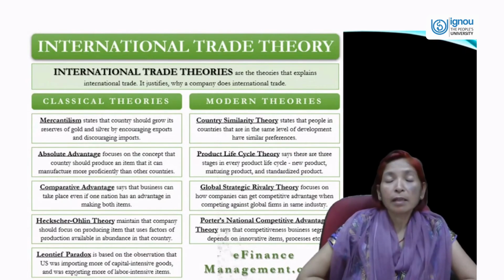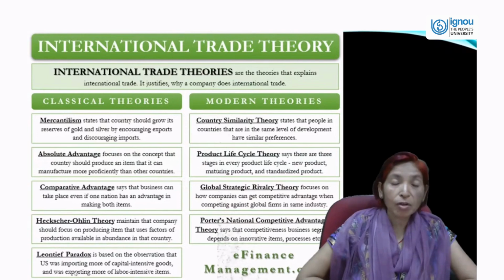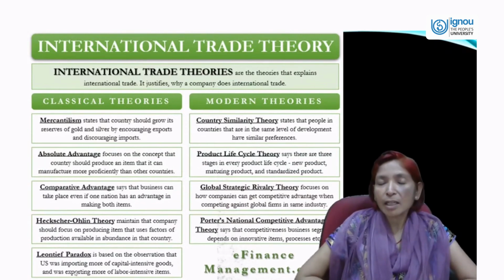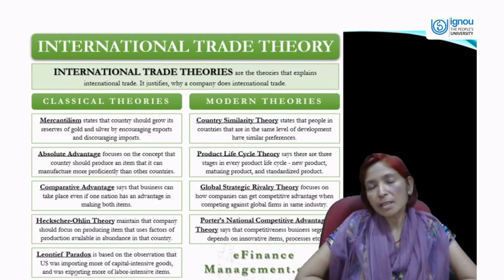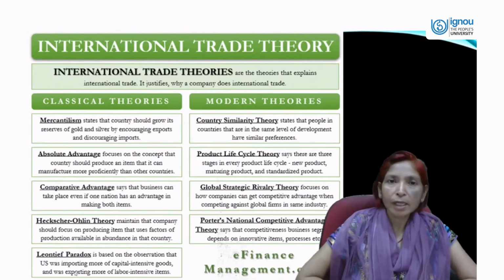Now, what is mercantilism theory? Mercantilism states that countries should grow their reserves of gold and silver by encouraging exports and discouraging imports. Because if we encourage exports, then foreign currency will flow into our country, inflow of foreign exchange will increase and outflow of foreign currency will decrease.